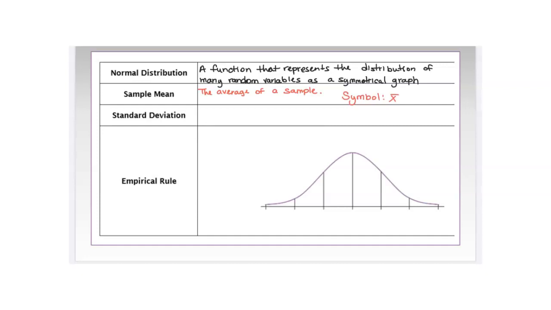Next we have the sample mean. This is simply the average of a sample. In lessons 1 and 2, we talked about how to compute the mean, which is the same word as average. And that's by adding up all of your data and then dividing by the number of data points within that particular data set.